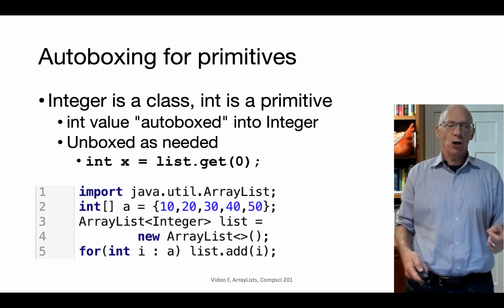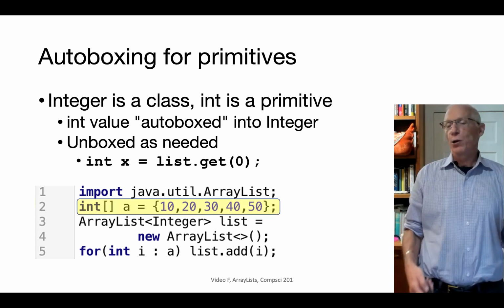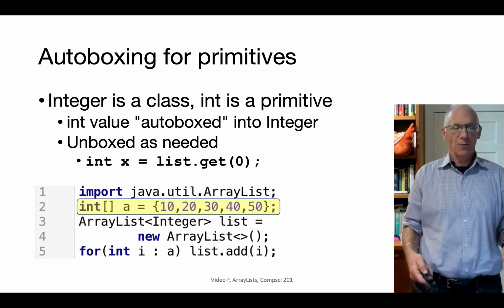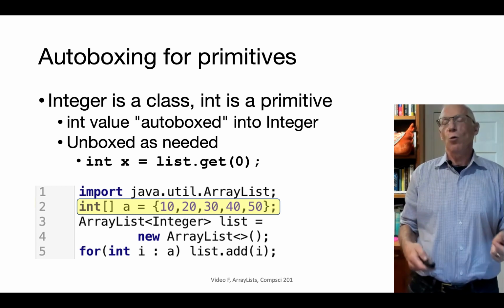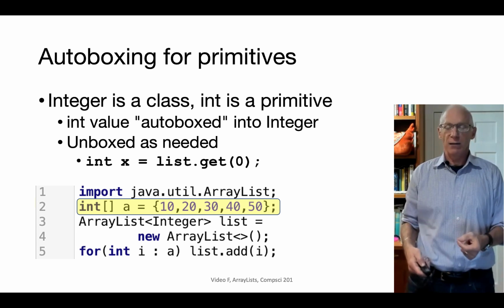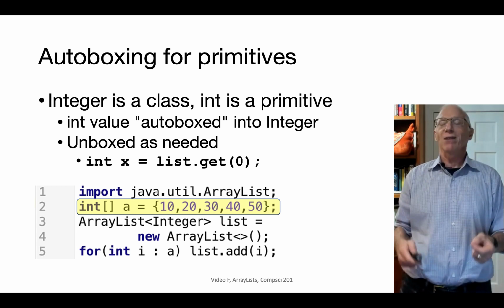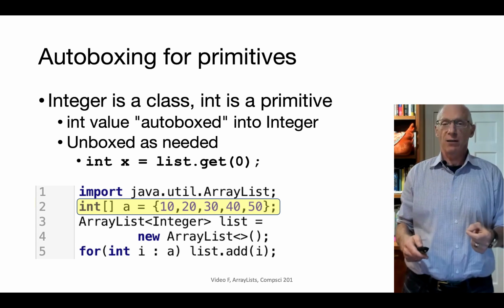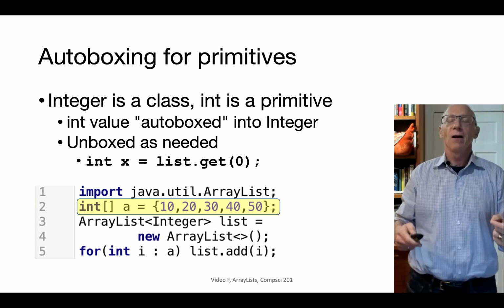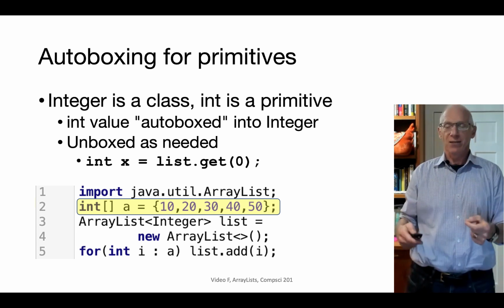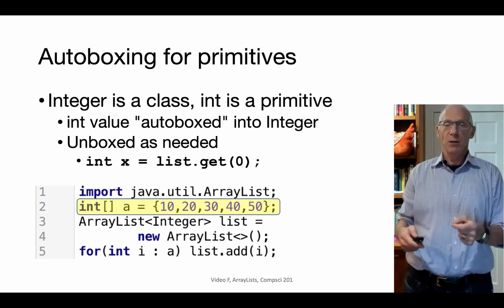So in this code, I have created an array of 5 elements, 10, 20, 30, 40, 50. And now I'm going to add these one at a time to an array list. So I've created an ArrayList of Integer objects. I can't use int because array lists only store objects that are instances of a class. Int is a primitive, not a class.